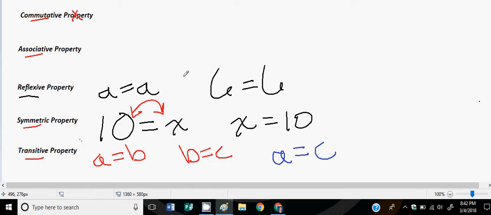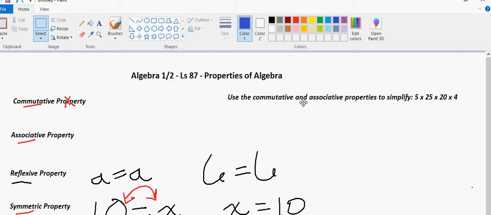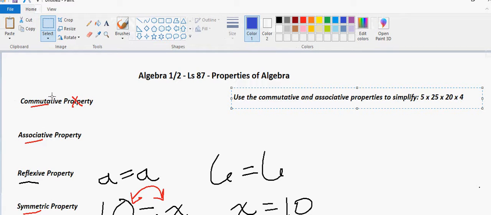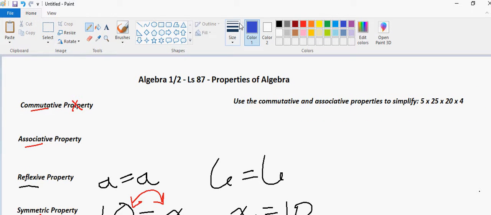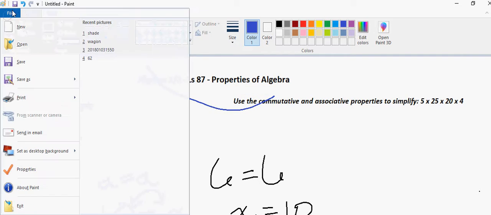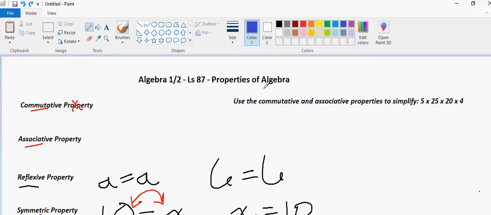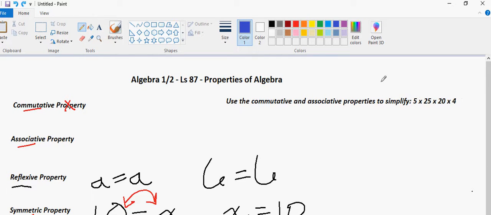Now, what if we use two of these properties, commutative and associative, let's use those first two, remember how those work, to simplify. In this case, simplify 5 times 25 times 20 times 4. Okay? We notice that it might be easier to solve 5 times 4 than it would be 5 times 20 or 5 times 25, because I know 5 times 4 is 20.